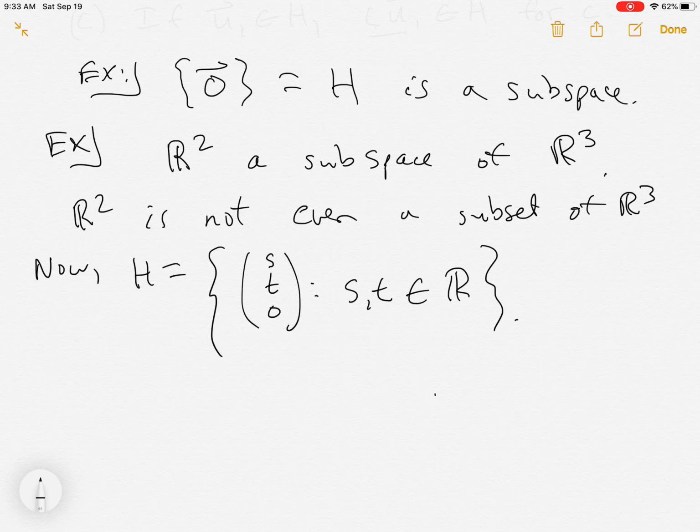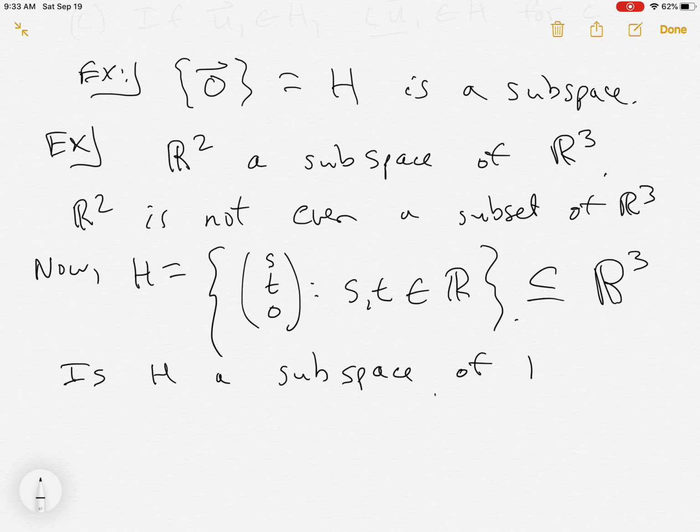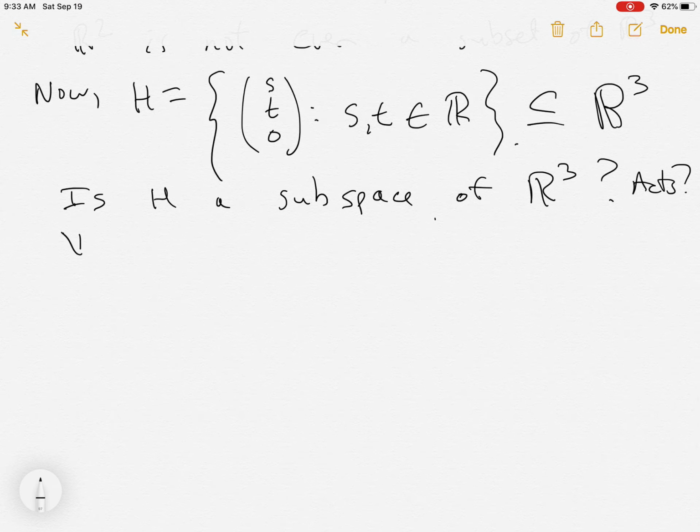So this is a subset of R3. And the question is, is H a subspace of R3? It kind of acts like R2, so you might think, oh, maybe it is. And the answer is yes.